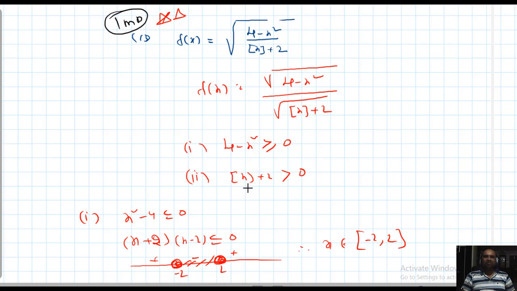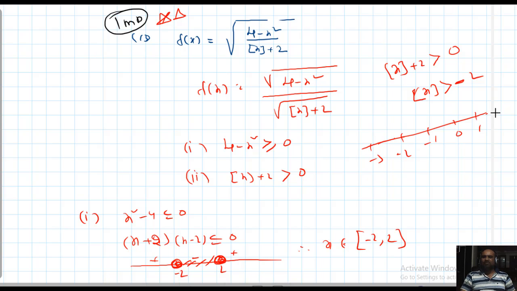Next one, you need to solve step x plus 2 greater than 0, or step x should be greater than minus 2. So observe, students, here 0, here minus 1, here minus 2, here minus 3, here 1.